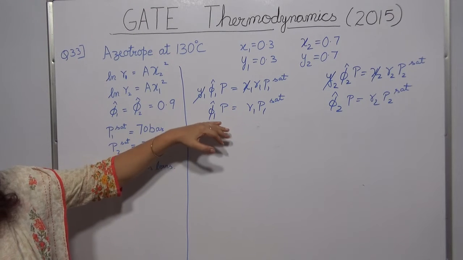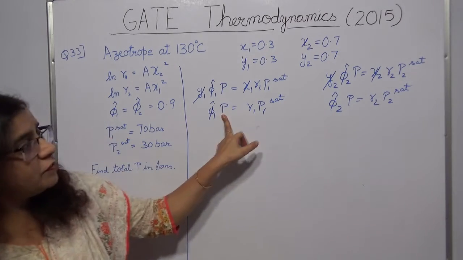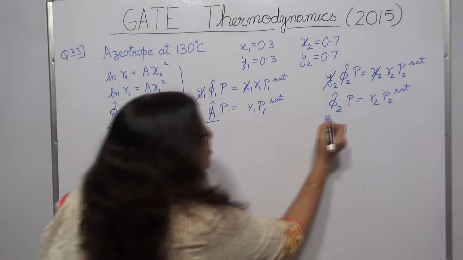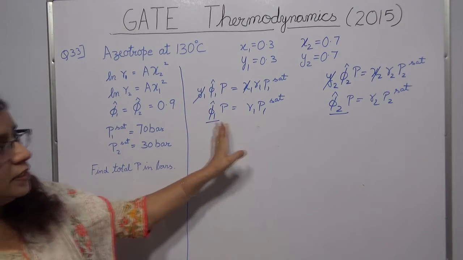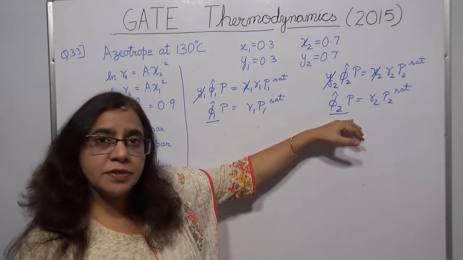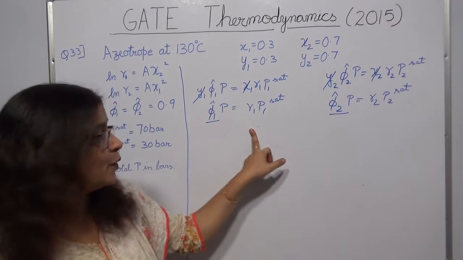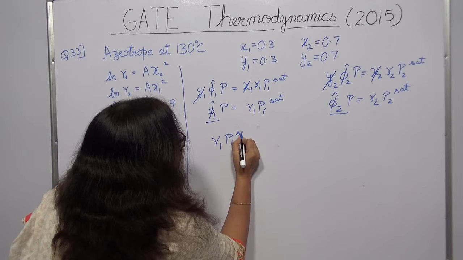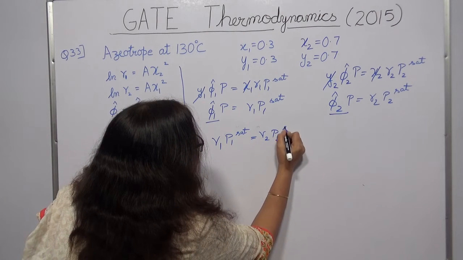Phi1 cap is equal to phi2 cap and the total pressure will also be the same. That means the left hand sides are equal, so I can equate the right hand sides.